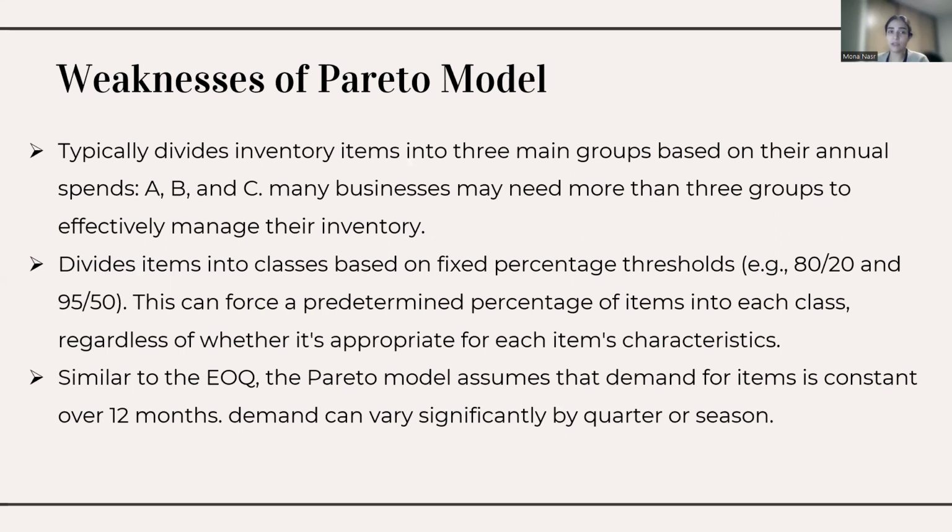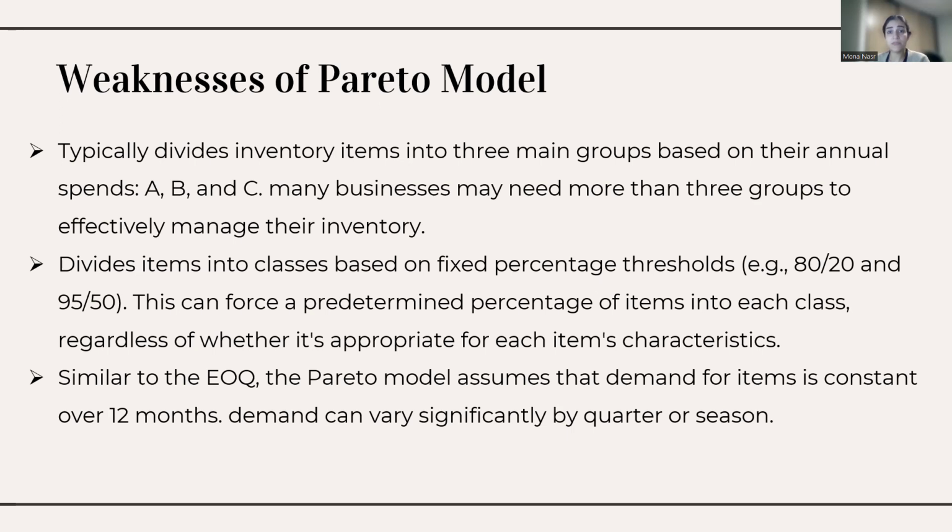Now, let's have a look at this model's weaknesses. The Pareto model typically divides inventory items into three main groups based on their annual spend: A, B, and C. However, this level of categorization may not provide sufficient detail for many businesses. In some cases, businesses may need more than three groups to effectively manage their inventory, which can complicate decision-making.